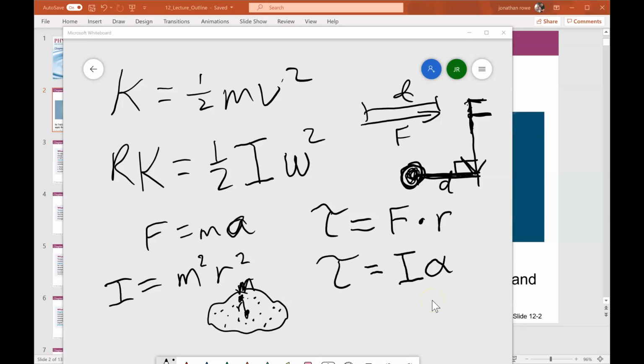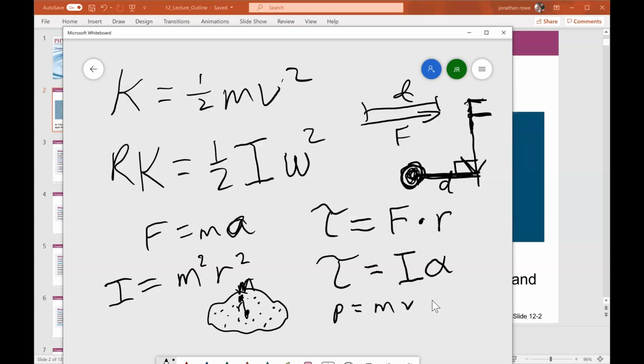Another analogous thing: we have linear momentum, which is p. Remember what that's equal to? Just had a test over it, I think. mv, mass times velocity. That's an object's tendency to remain in motion along its line of direction.